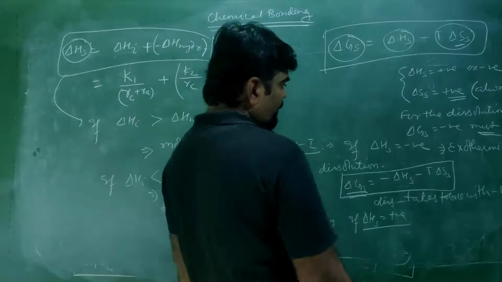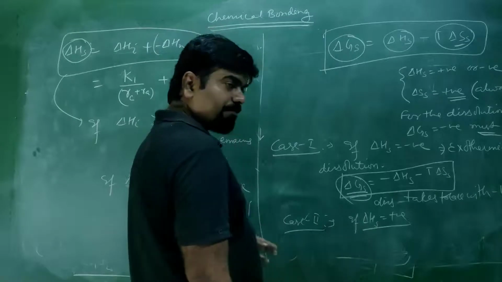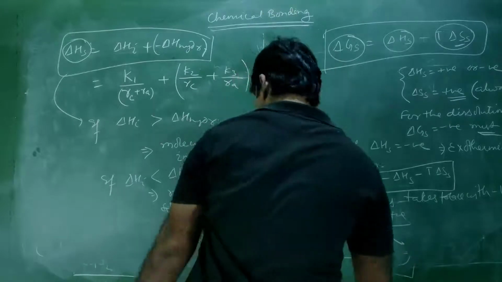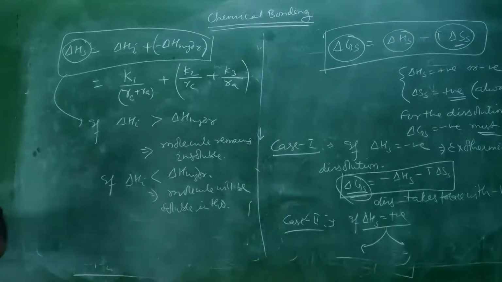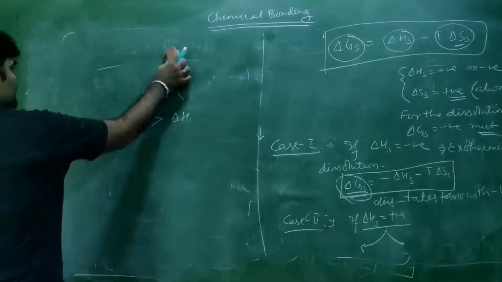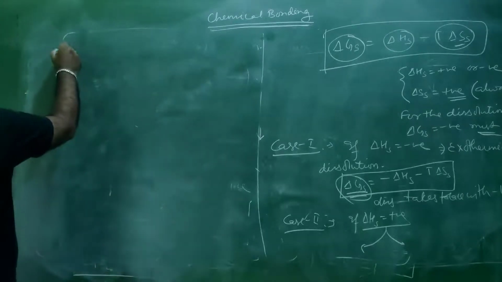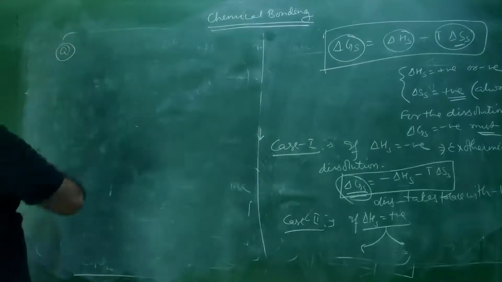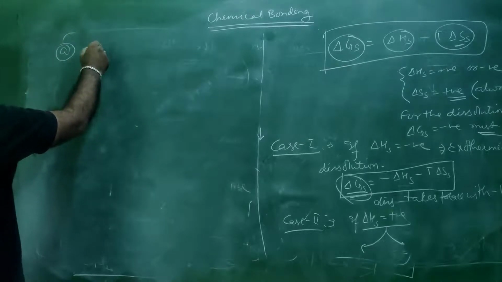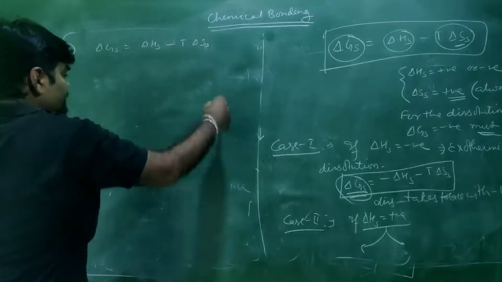then there are two different cases. What we want is del Gs negative. We will explain these two different cases. The first case is when del Hs is positive, del Gs is equal to del Hs minus T del Ss.